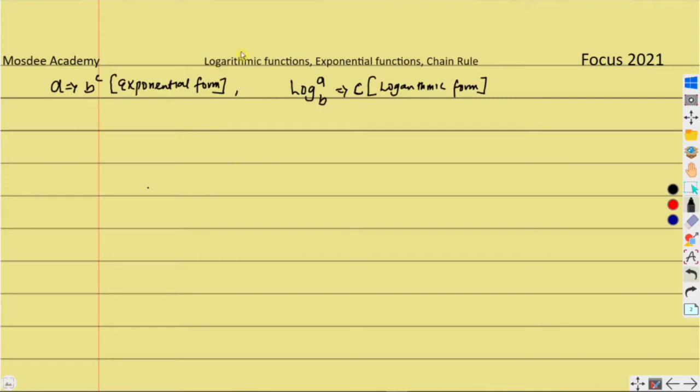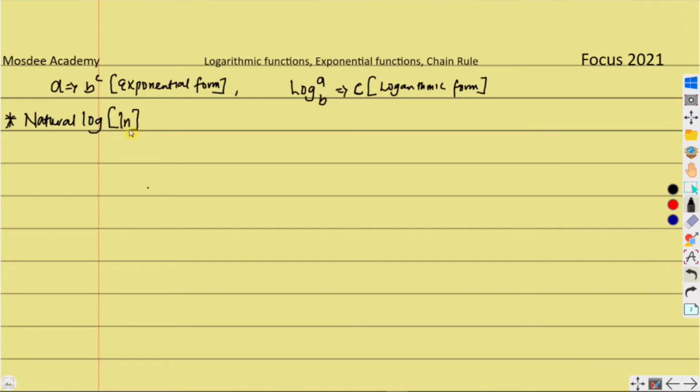Now, another type of logarithmic function we can keep in mind is another special type you might have also discussed in your mathematics class. We call it the natural log. The natural log is denoted by ln.